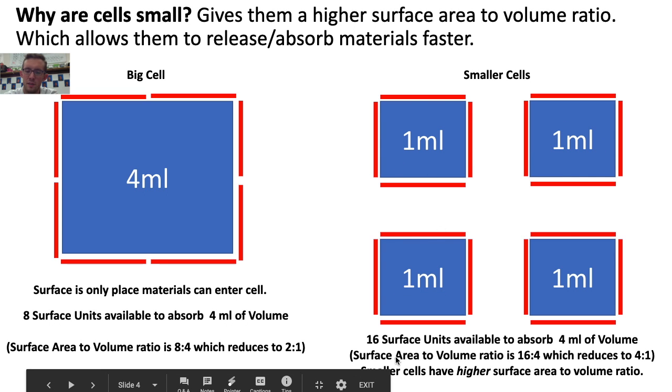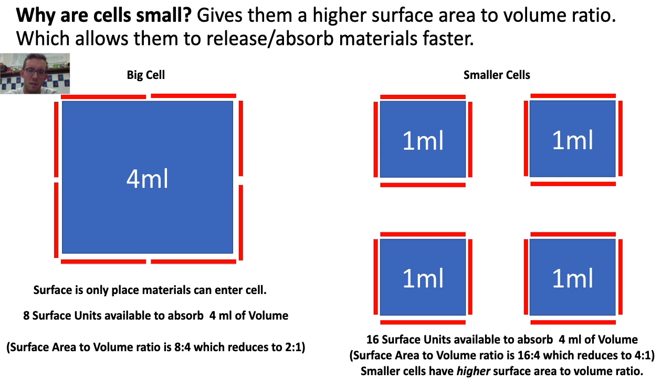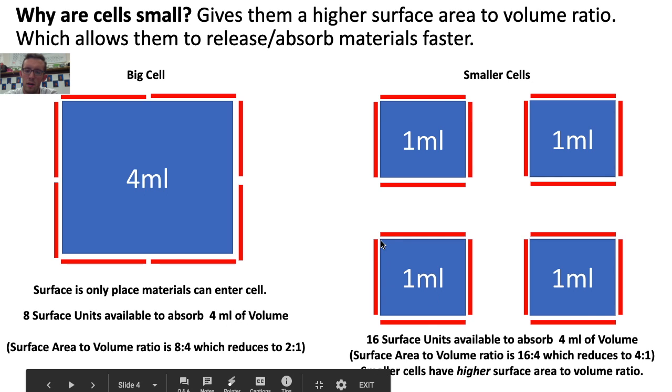So we'd say its ratio is 16 to 4, which reduces to 4 to 1. These smaller cells have a higher surface area to volume ratio. They have more surface available to absorb the water.